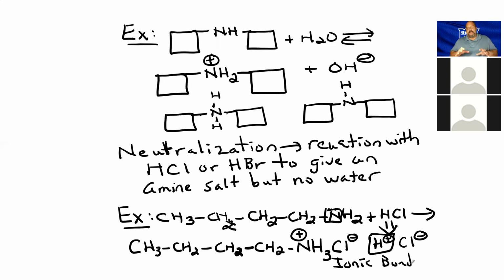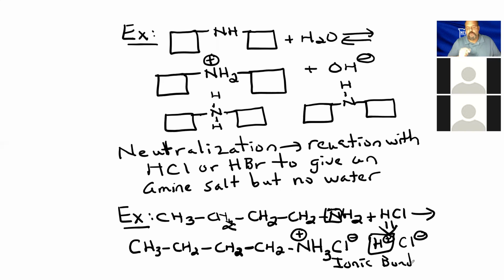And as I talked about last night, when we generated carboxylic acid salts, which had C double bond O, O minus, and then Na plus, or C double bond O, O minus, and K plus, we do not draw a dash or a line between the O minus and Na plus or the O minus and the K plus, because the bond that holds them together is an ionic bond.